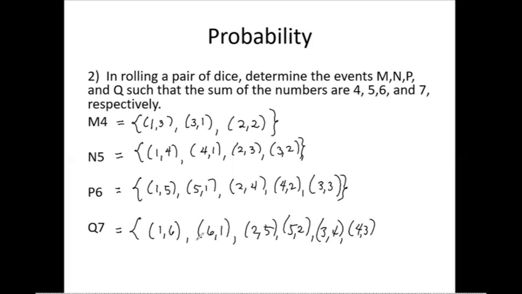So, 1, 6, 2, 5, 3, 4, 4, 3, 5, 2, 6, 1. So, hindi naman pwedeng 7, 0. Hindi na. Wala na, no? Close na. Okay, close na natin. Yan. Okay. O, yun yung ating mga magiging elements ng bawat subset. Okay? And that's it.